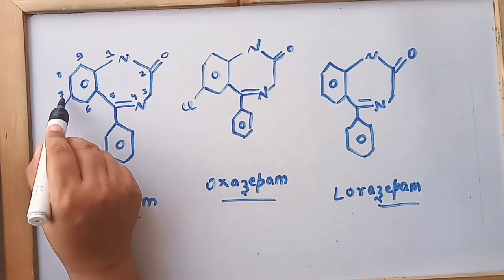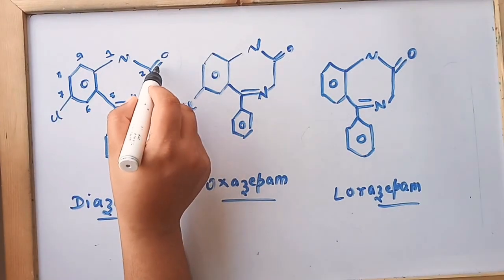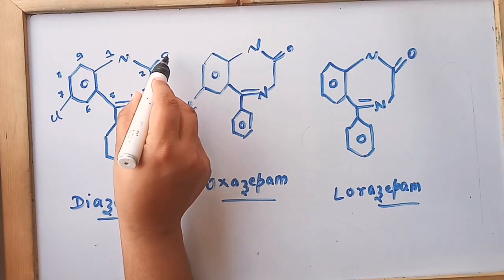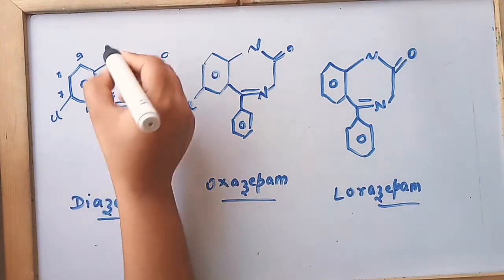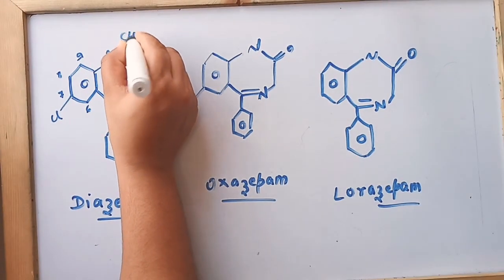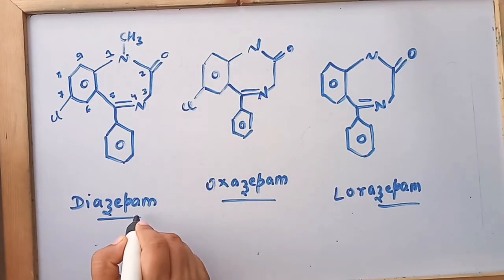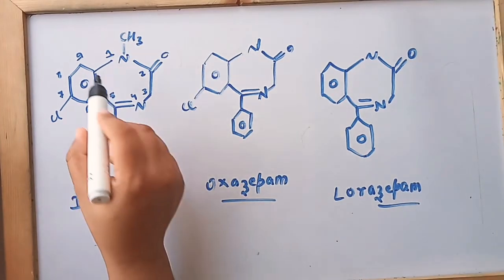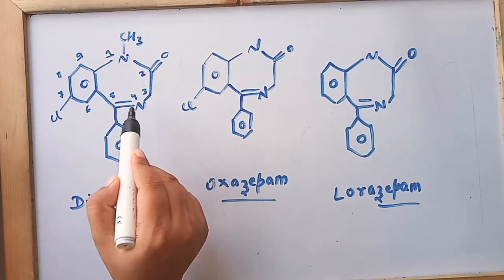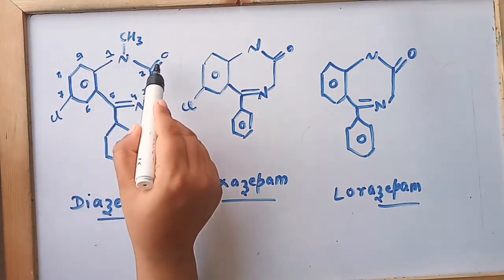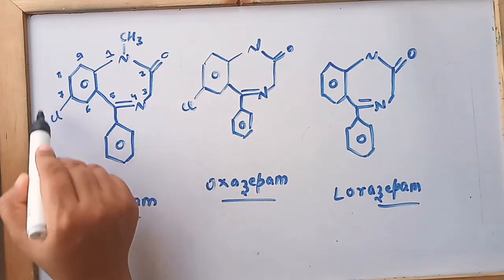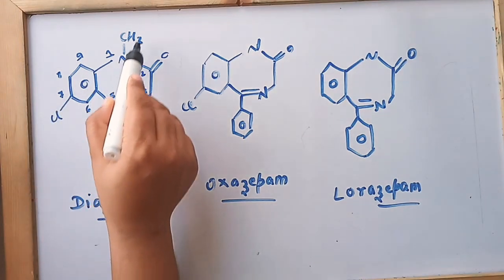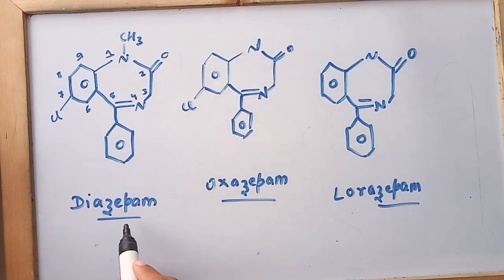A Cl group at the 7th position, a ketone group at the 2nd position, a phenyl group at the 5th position, and a methyl group at the 1st position. So this is the diazepam ring structure, that is 1,4-benzodiazepin-2-one, with 5-phenyl substitution, 7-chloro, and 1-methyl substitution.